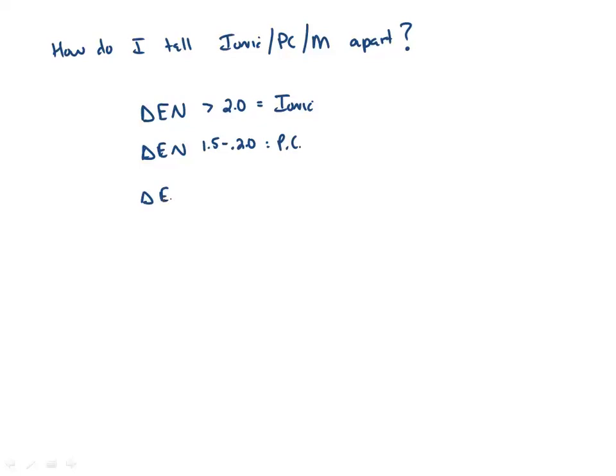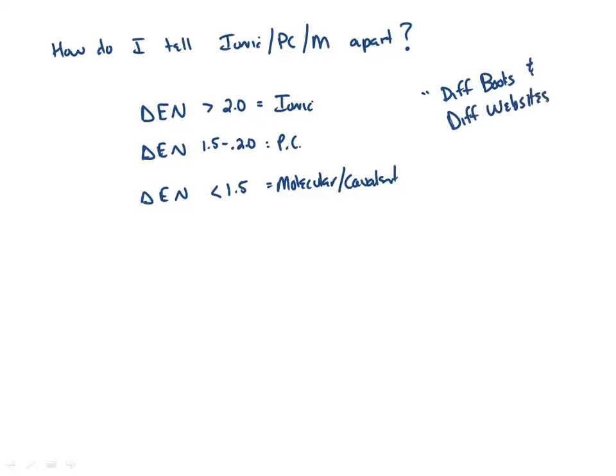And if the difference in electronegativity is less than 1.5, that is molecular or covalent. Now, please note that different books and different websites define these differently.